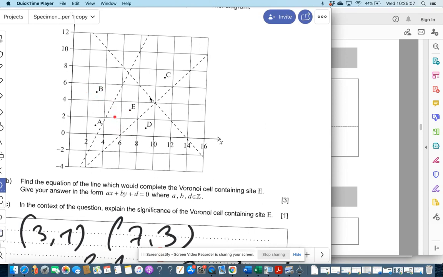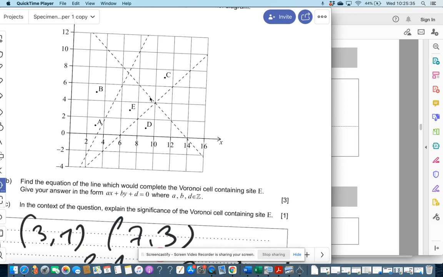It looks like to close up the polygon because it's open in this direction. So what we're actually going to be doing is a perpendicular bisector between A and E. The other perpendicular bisectors have been constructed already. So this could be done with a ruler and compasses quite easily, but we're going to do it algebraically.